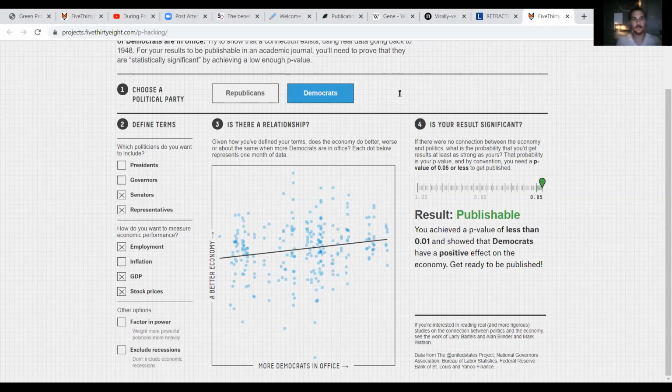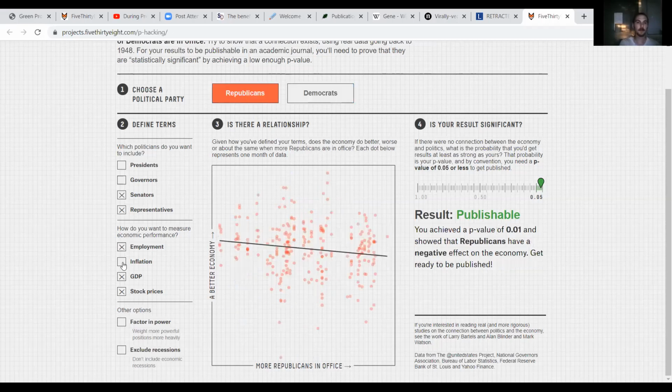So we have all these different parameters between what type of politician, the president versus senators, etc. We have different economic measures: employment, inflation, GDP. And so right now, using only these specific data sets, looking at senators and representatives over the years, and comparing that to employment, GDP, and stock prices, we can create results that show Democrats have a more positive effect.